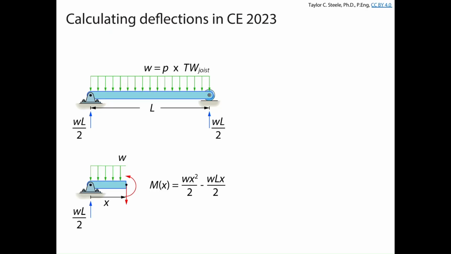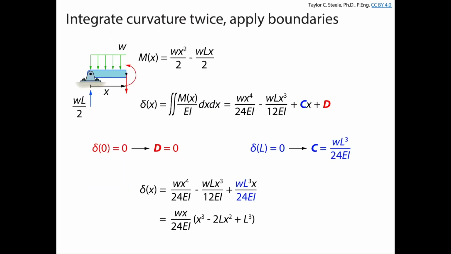You'd make a section cut somewhere at distance X, and you would figure out what the internal bending moment is. Under this situation, we've got the uniformly distributed load, we've got the reaction WL over 2 at the left-hand side, and so your moment diagram would be WX squared over 2 minus WLX over 2. And then you'd say, okay, I'm going to integrate that a few different times, right?